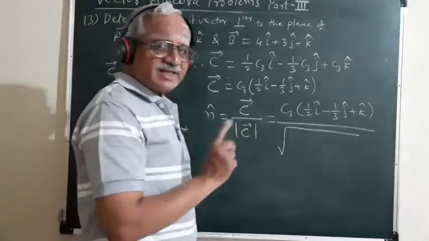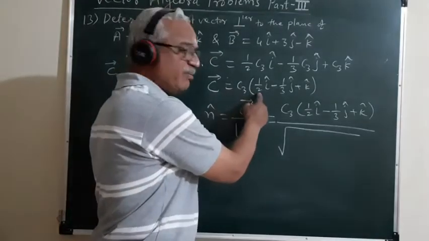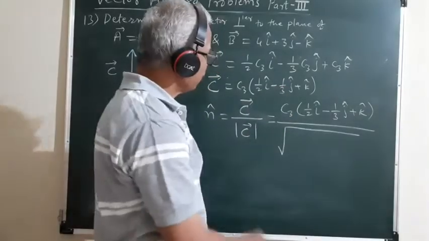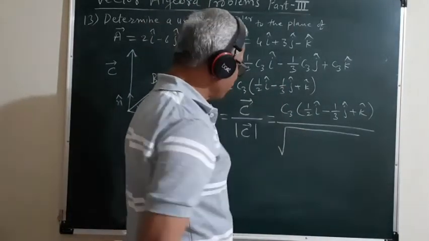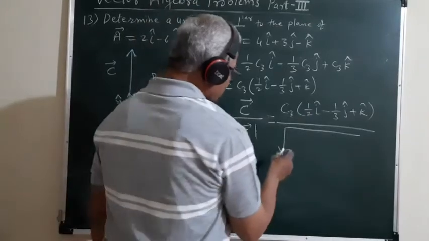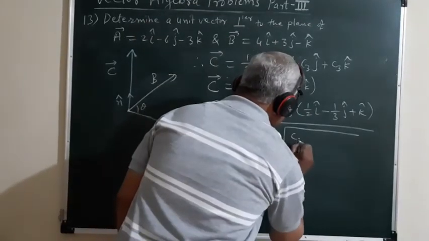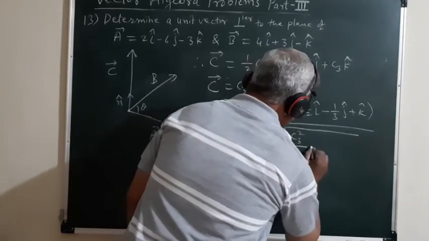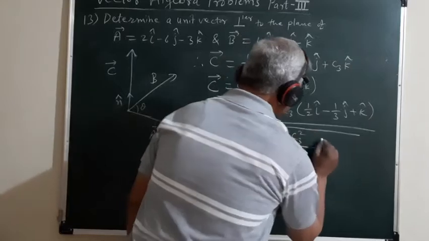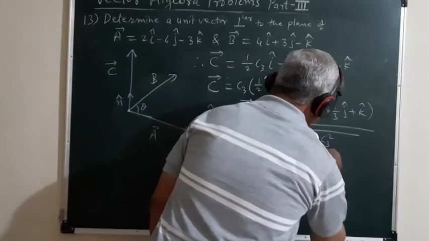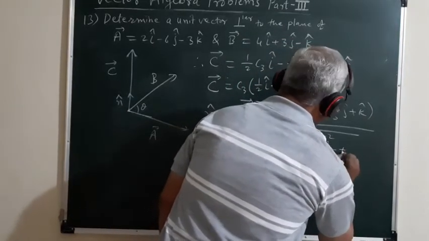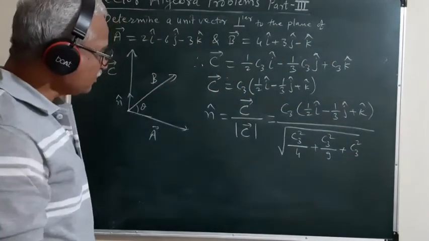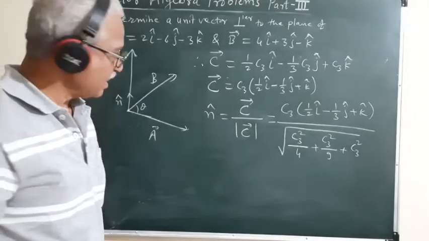What is the value of ax here? Ax is C3 by 2, ay is minus C3 by 3, and az is C3. So the squares will be C3 square upon 4 plus C3 square upon 9 plus C3 square. So this is the magnitude of the vector C bar.